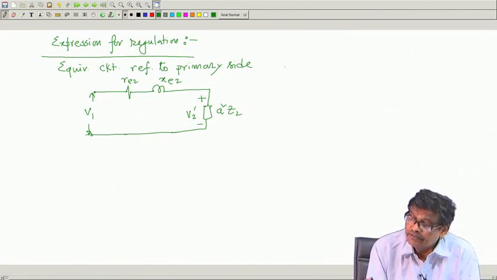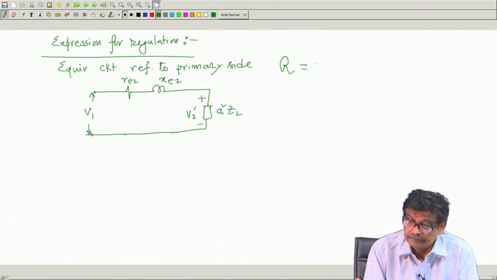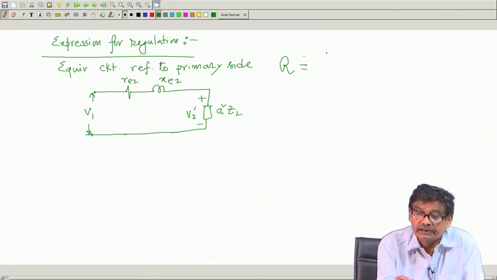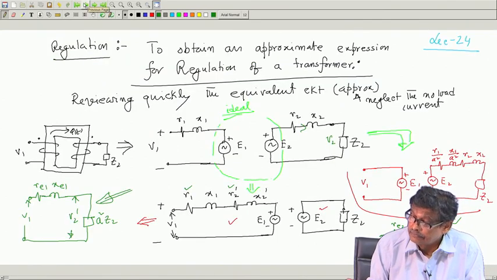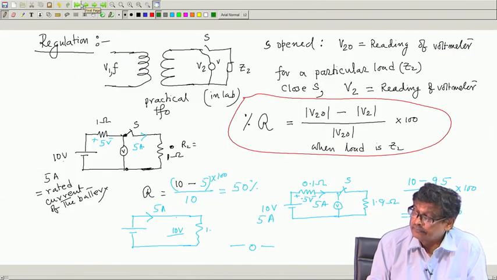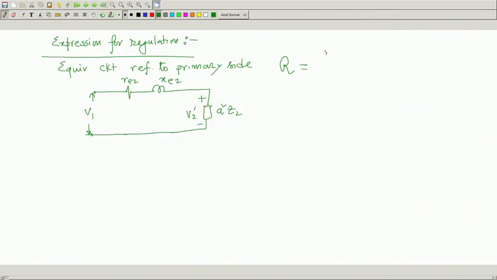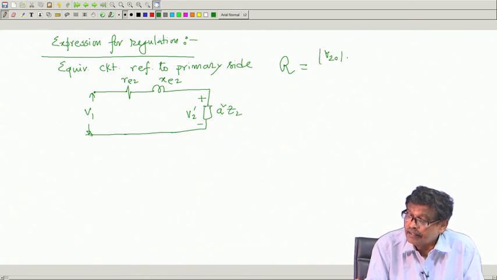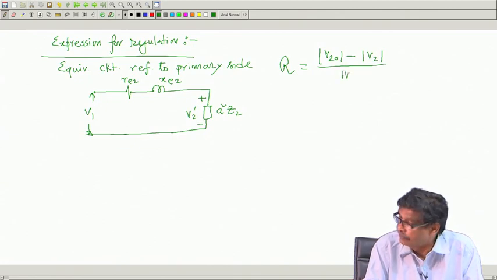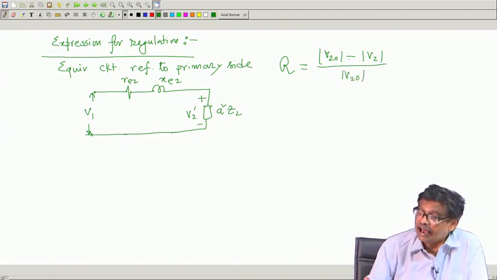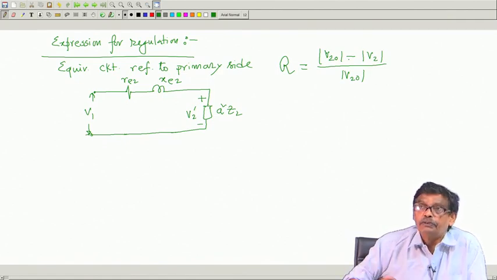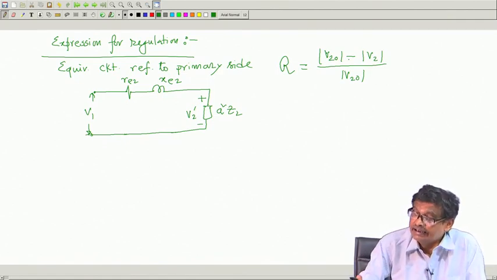And we have defined the regulation as magnitude of secondary voltage, that is where I wrote V 2 0, magnitude of V 2 0 minus V 2, so magnitude of V 2 0 minus V 2 divided by magnitude of V 2 0, is not, that was the regulation, and all quantities here were with respect to the secondary side.